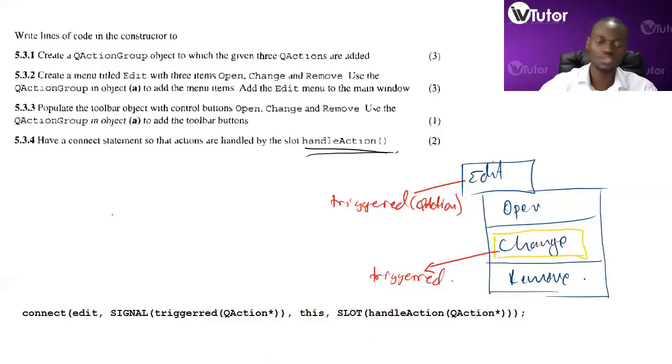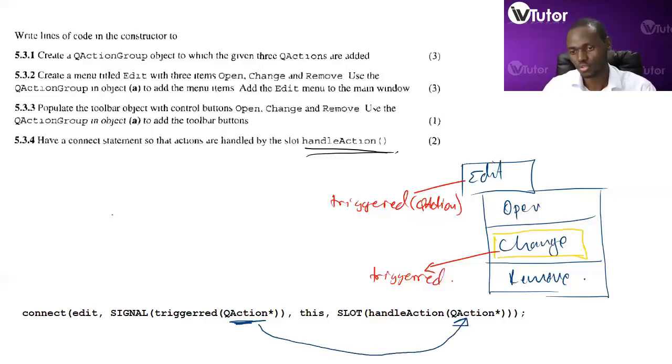So the connect statement, you should still know. The only special thing with this connect is that your signal has an argument, which is what action has been clicked, because that action is then sent to your slot. So that your signal here and your slot do have sort of arguments in here, because that is how signals and slots communicate. At this level, we don't really touch a lot on signals and slots.